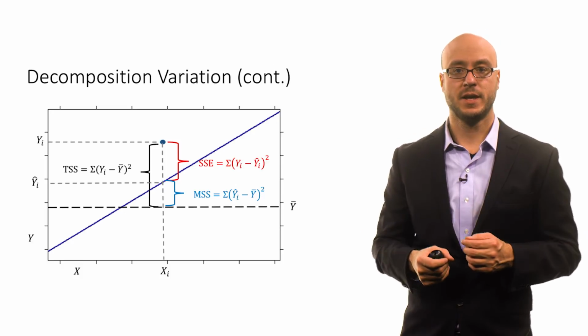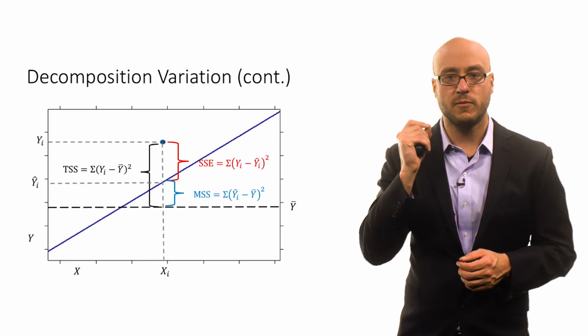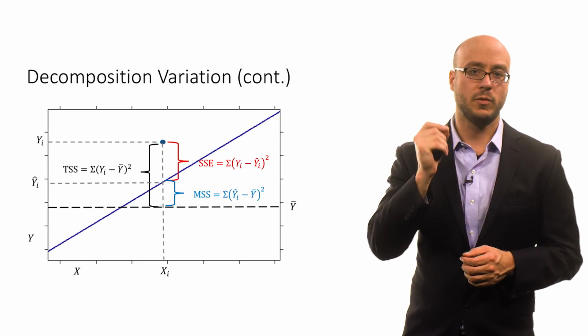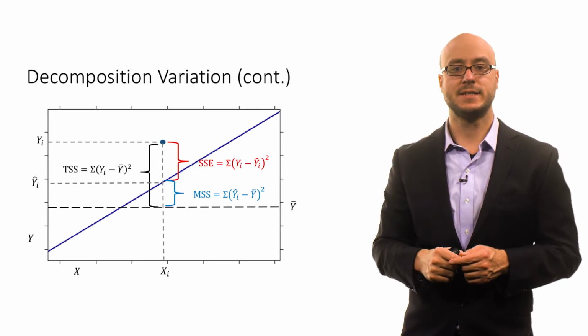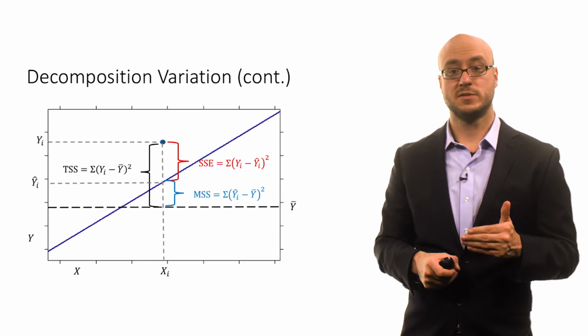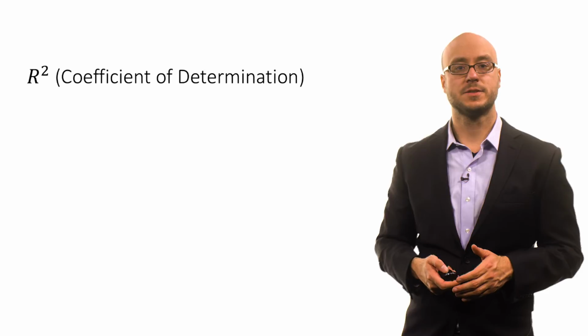We add it up together. And then for the sum of squared errors, we take the raw value of y, we subtract out the fitted value of y, the y hat, that distance, we square it for each person, for each row of the data set. And we can say that the total sum of squares is simply the model sum of squares plus the sum of the squared errors.